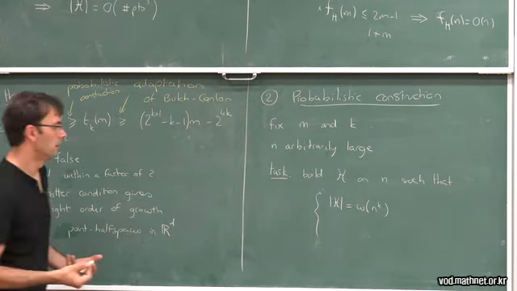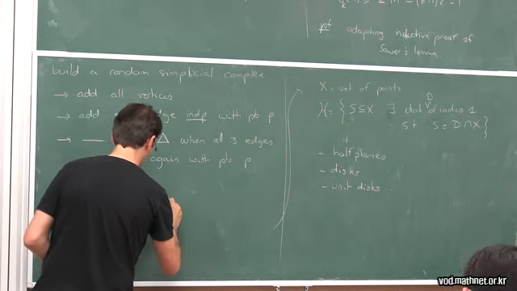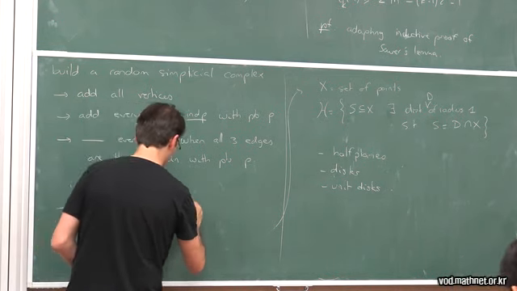And you keep doing that up to subsets of k plus 1 vertices. I do that, and I get a set called K. So that's my hypergraph. It's a random variable.